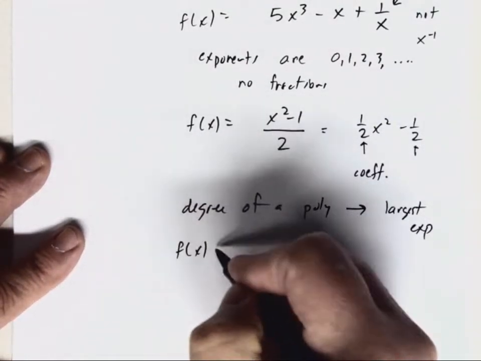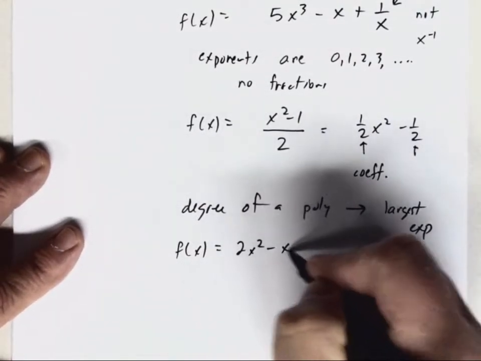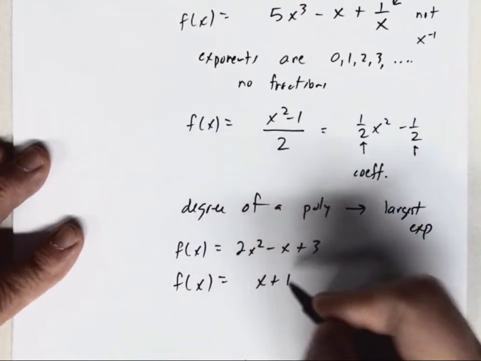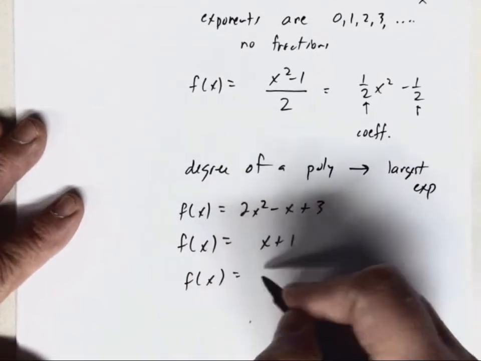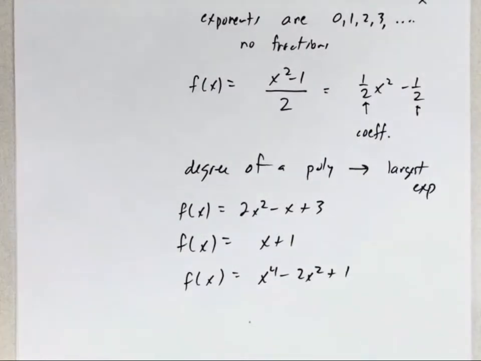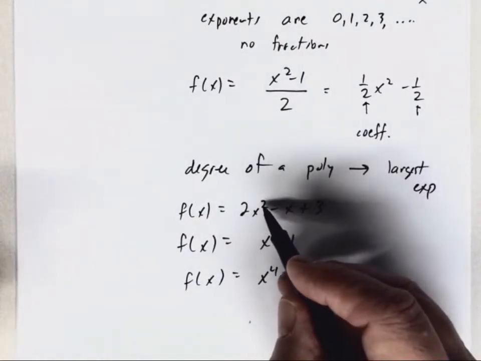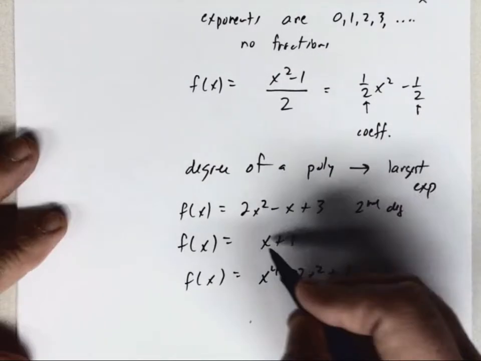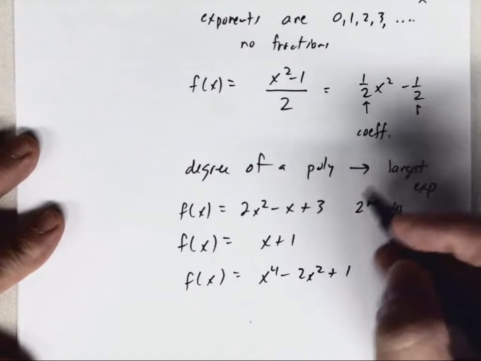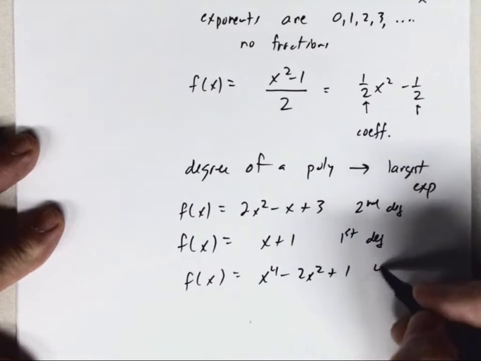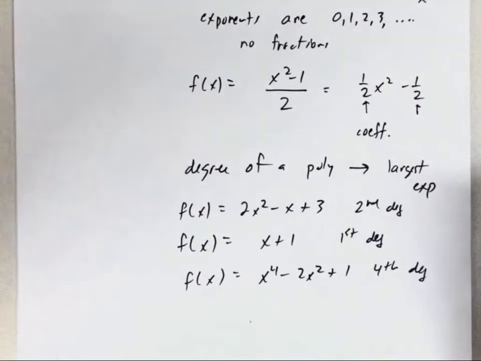So here are 3 polynomials. These are all polynomials. This would be, my largest exponent is 2. That would be called a second degree polynomial. Here, my largest exponent of the variables are 1, first degree. Here it's 4, fourth degree polynomial.